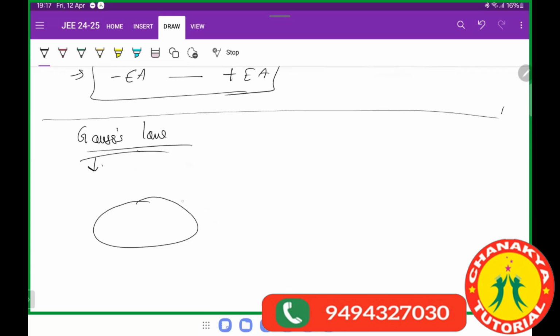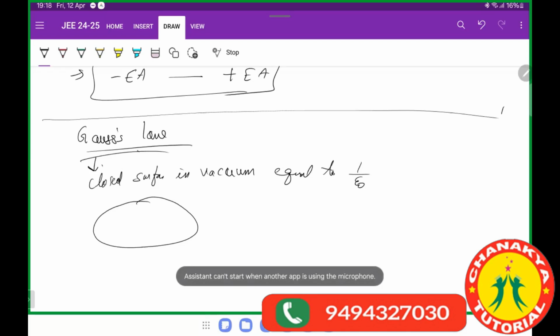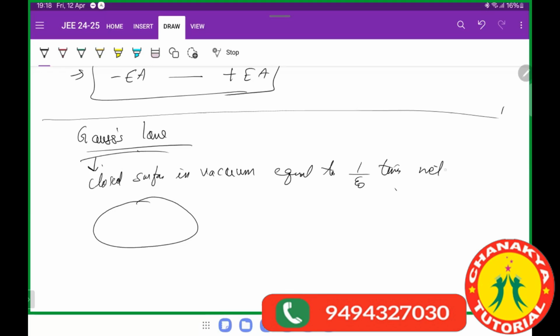Gauss law states that the flux through a closed surface in vacuum is equal to 1 by epsilon naught times the net charge.